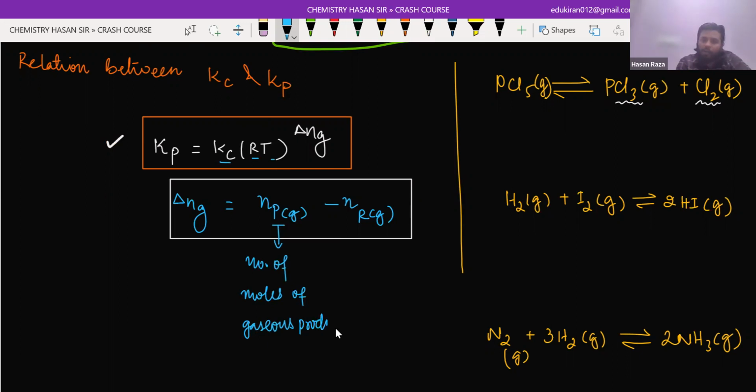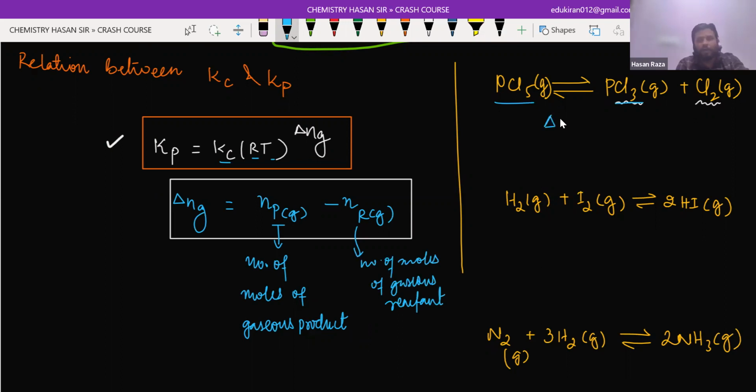Now how are you going to recognize the number of moles? Basically its stoichiometric coefficient is the number of moles, and this is the number of moles of gaseous reactant. If I give you an example, PCl5 in gaseous state gives PCl3 plus Cl2.